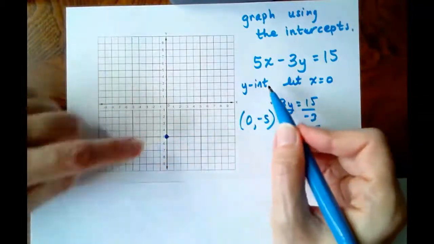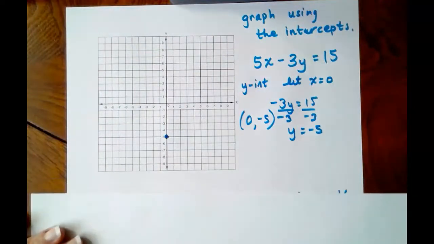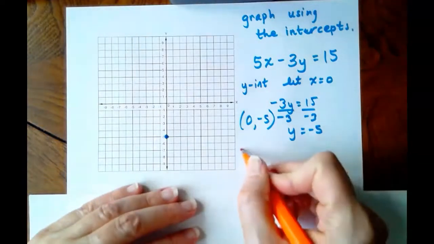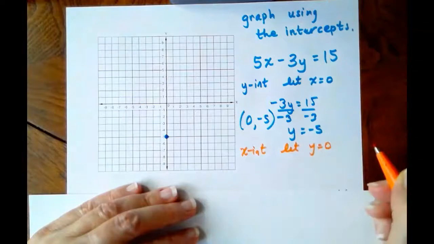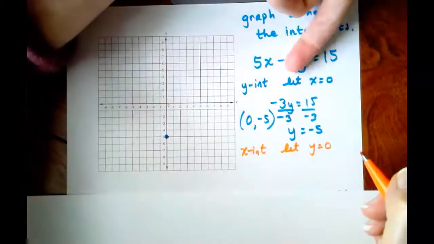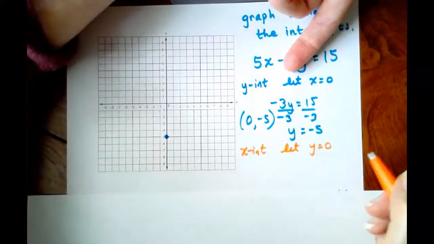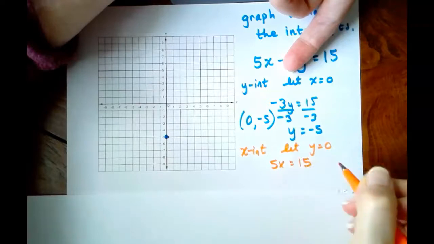That is the y-intercept. Now let's find the x-intercept. To find the x-intercept, let y equal 0. If we let y equal 0, it will cover up this whole term, leaving us only 5x equals 15.